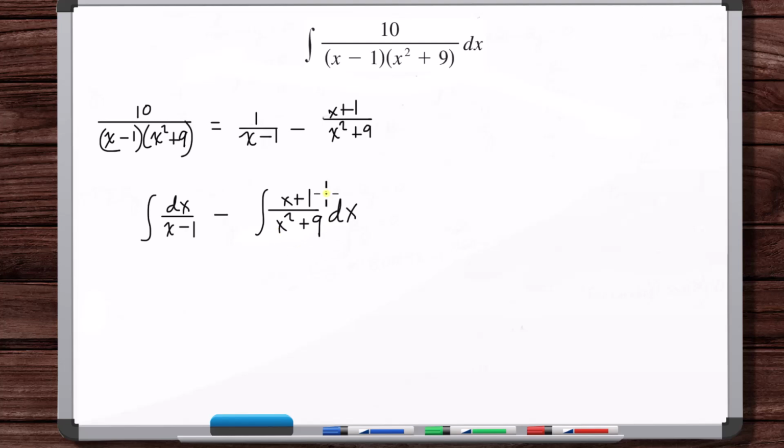Okay, and so we talked about, in general, for any quadratic in the denominator raised to any power with some kind of ax plus b in the numerator, the way we solve this is we separate it into two separate integrals.